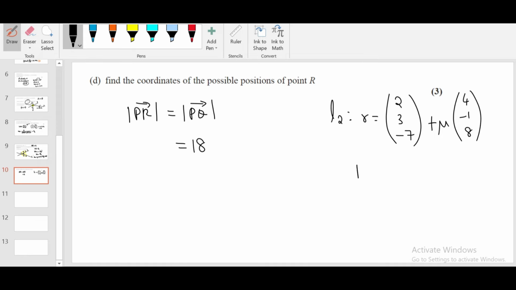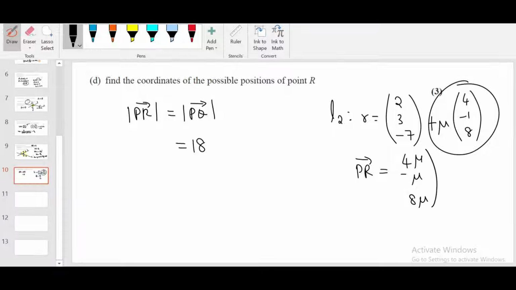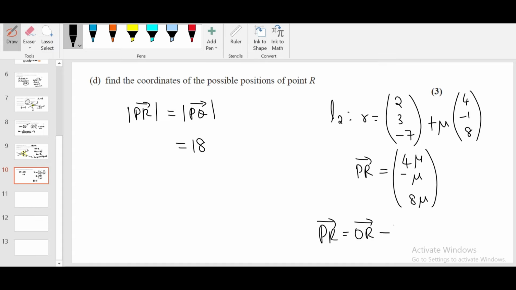So PR vector would be just this, 4 mu, minus mu, 8 mu. If you ask me how I got just this, PR vector is basically OR vector minus OP vector. OR vector is this whole thing, minus OP vector which is 2, 3, minus 7. So these two will be cancelled. So you will be left with mu times 4, minus 1, 8.